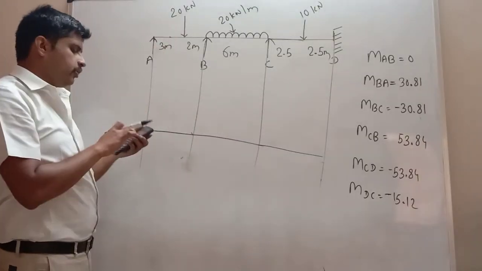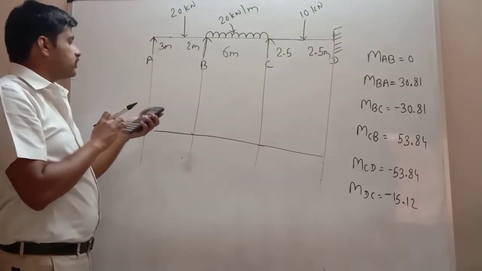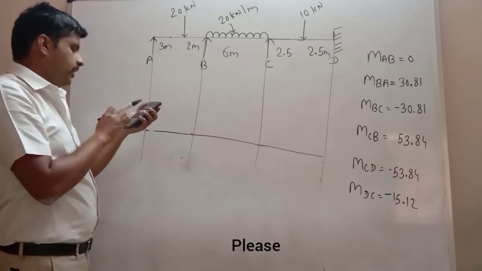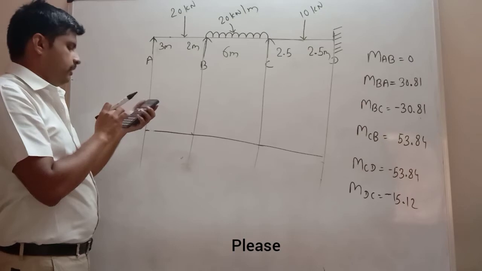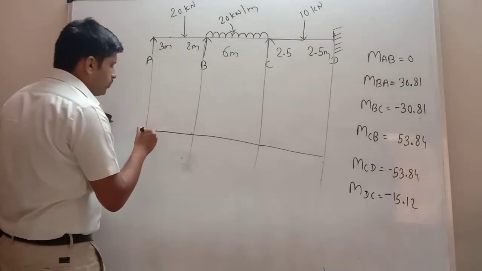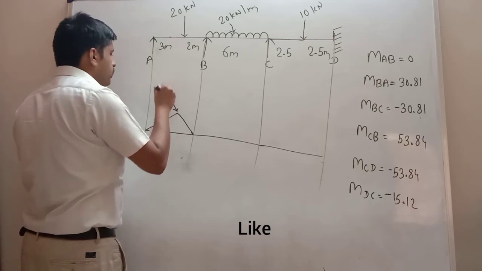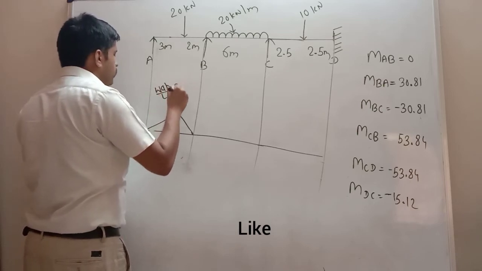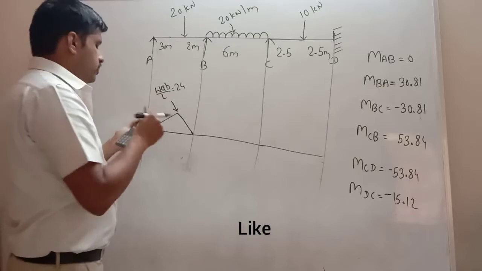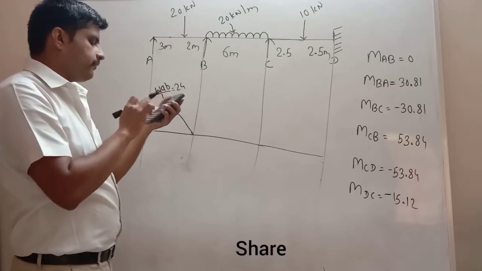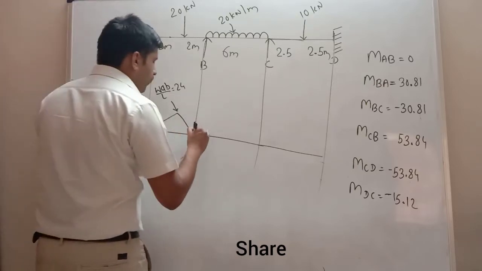Due to the 20 kN load, the bending moment diagram will be a triangle and the formula is WAB by L, so this is 24 kilonewton meter. For the UDL there is a parabola, and the formula is WL square by 8, so this is 90.